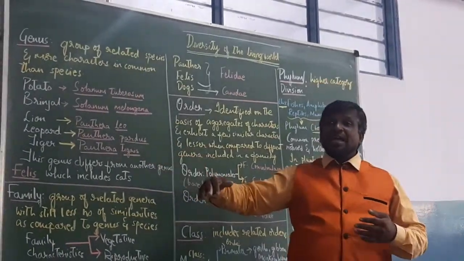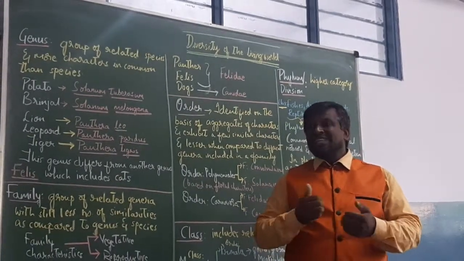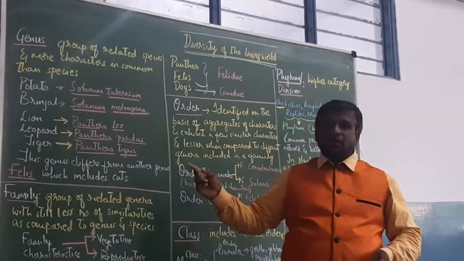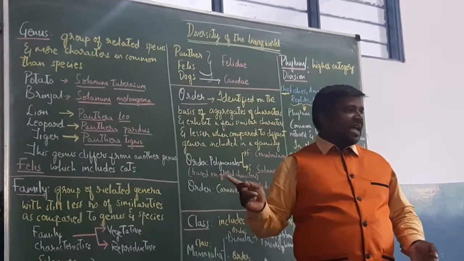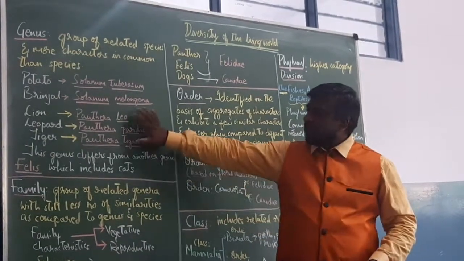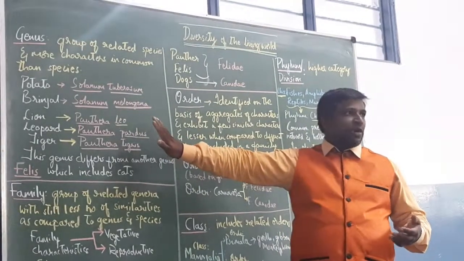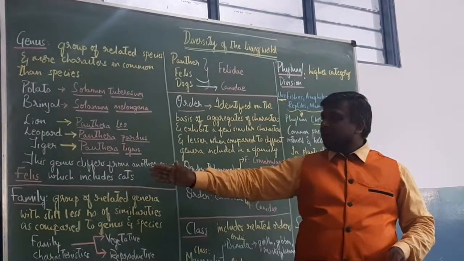Species have large differences, but genera have lesser differences and similar characteristics. Species have more differences and dissimilar characters. That is what you have to remember about the genera. Whenever they ask you for 2 or 3 marks, you have to write these points, and the examples you have to remember.